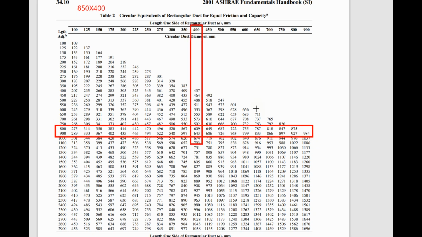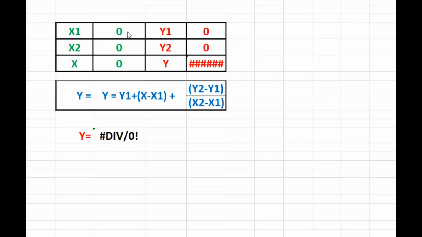Now we will select both these values for 800 equivalent and 900 equivalent, and by interpolation we will find the equivalent diameter for 850. For 800 rectangular duct size, we have equivalent round diameter value 609, and for 900 we have equivalent round duct diameter 643.